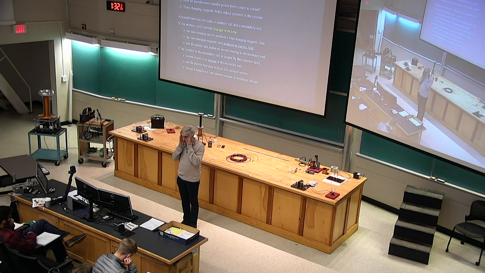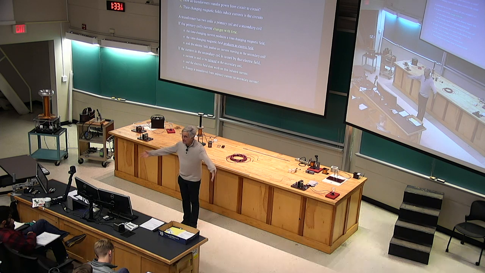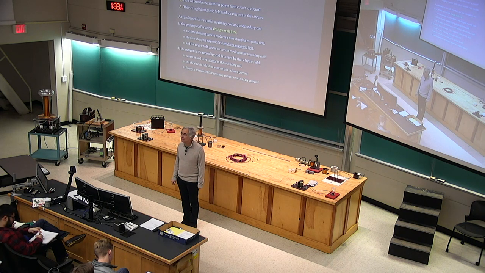A key part of the story is that the currents are magnetic. We've already seen that. An electromagnet is an example. If the current changes with time, then the magnetic field changes with time, and changing magnetic fields produce electric fields.